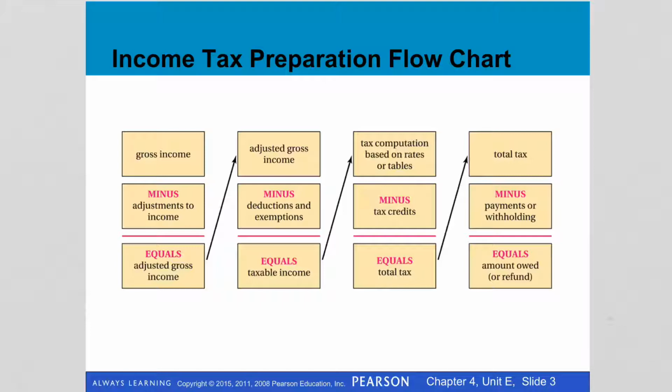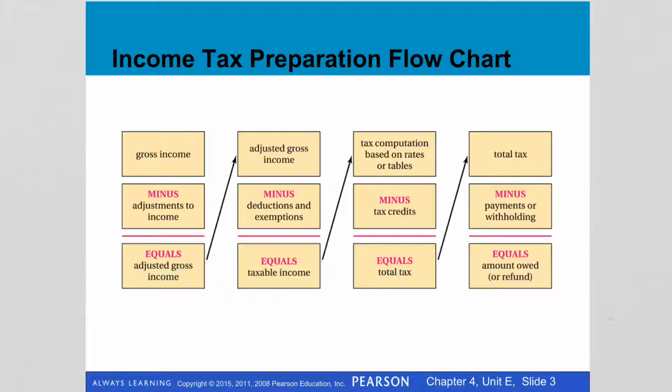So you don't get taxed on everything that you make, and you may not have realized that. If you made $20,000, your taxable income might only be like $8,000. So I guess that's a good thing. That's how you sometimes get refunds.